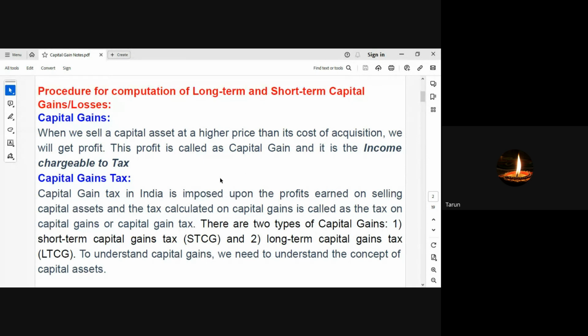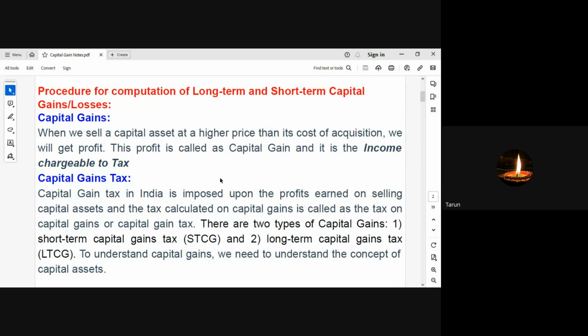When you sell any type of property or land at a higher price than the cost of acquisition, the cost at which you bought it, you receive a profit, and that profit is called capital gain. It is also an income which is chargeable to tax.